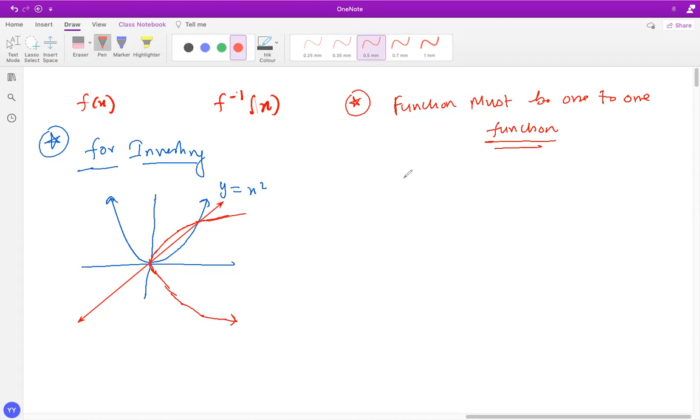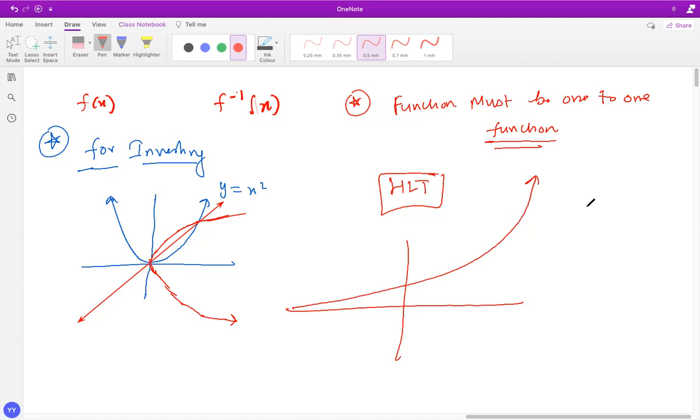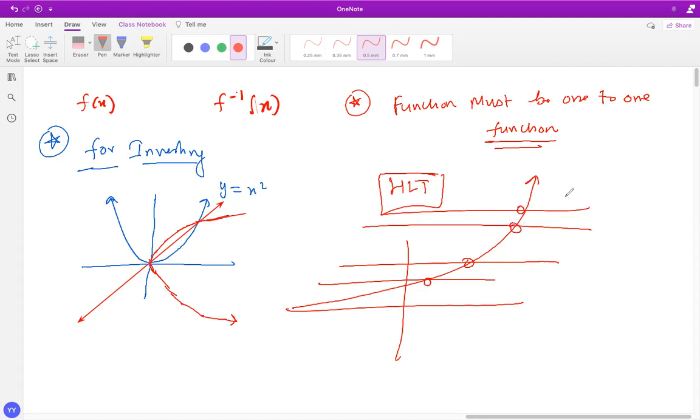Now, what this means is that there is something called the HLT, which is the horizontal line test. If your graph is something like this, and you draw a horizontal line and it cuts the graph at only one point, it means that you can find the inverse for that natural domain.